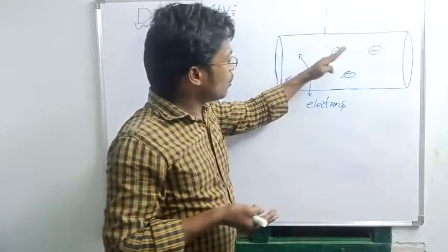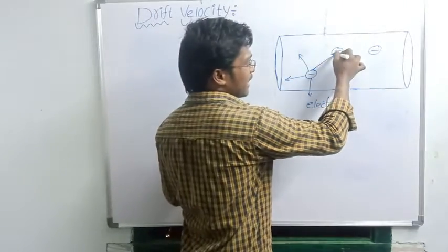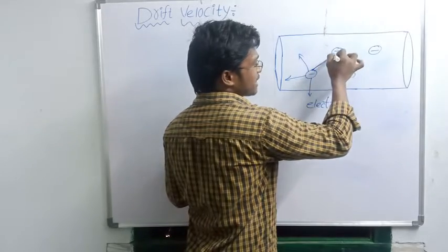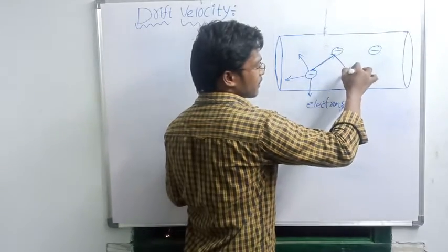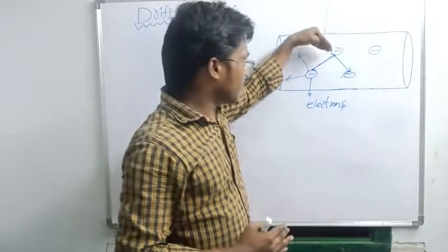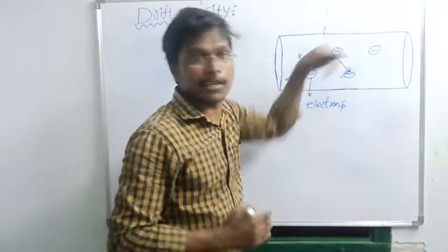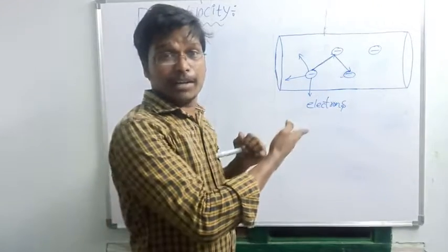This electron will move and hit this electron. At the same time, again it will hit this electron and again it will hit this one. So what is happening here?